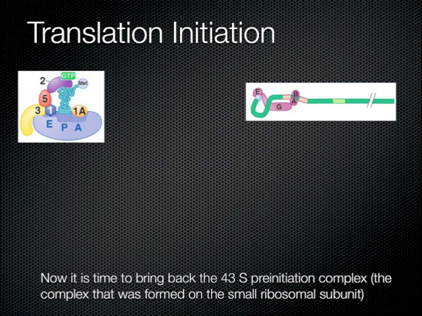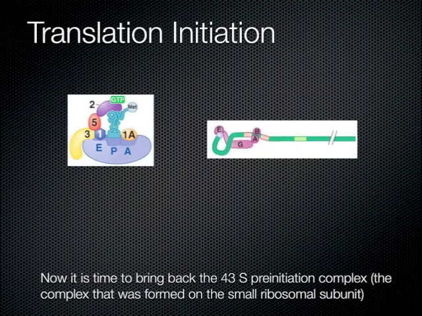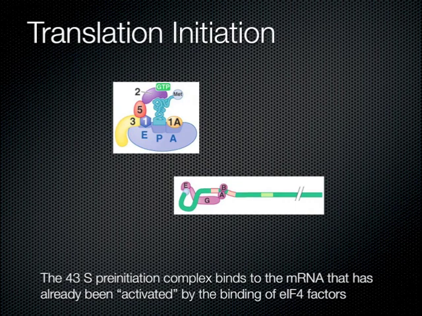Now, it is time to bring back the 43S pre-initiation complex, the complex that was formed on the small ribosomal subunit. The 43S pre-initiation complex binds to the messenger RNA that has already been activated by binding of eukaryotic initiation factor 4 factors.